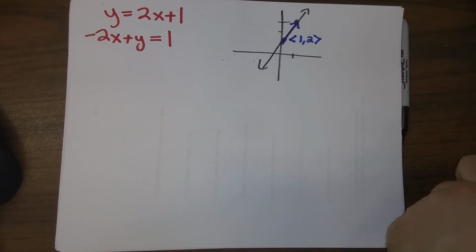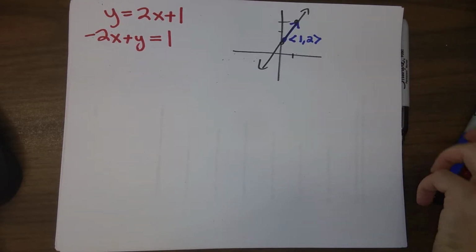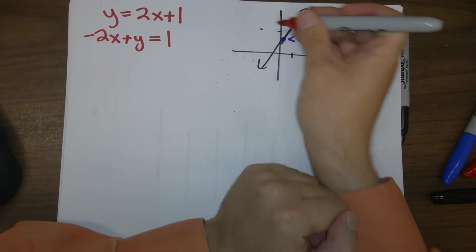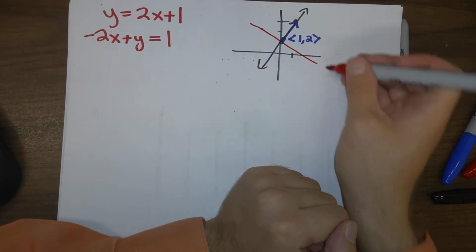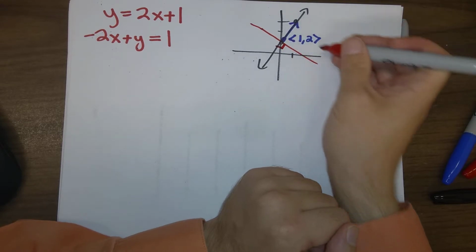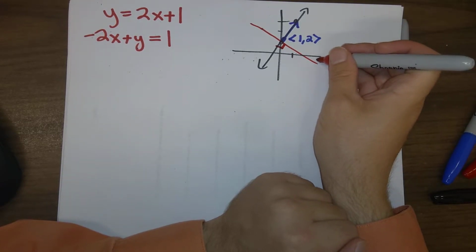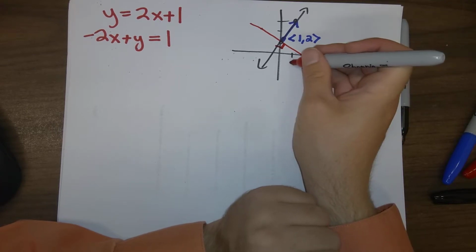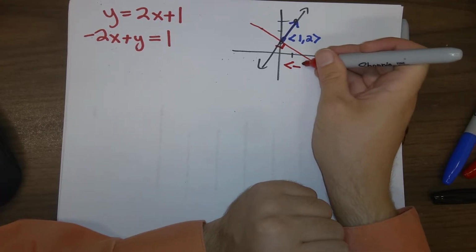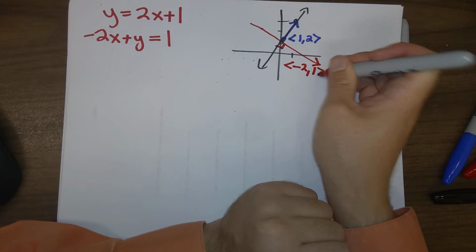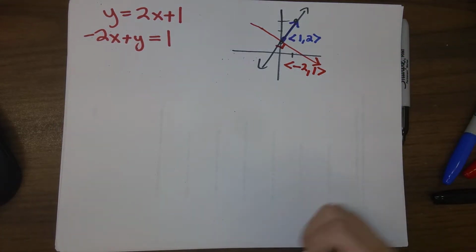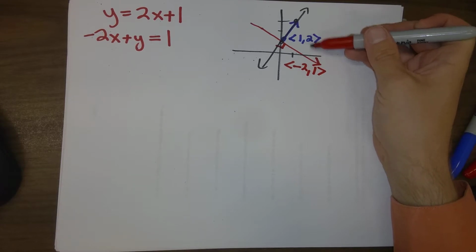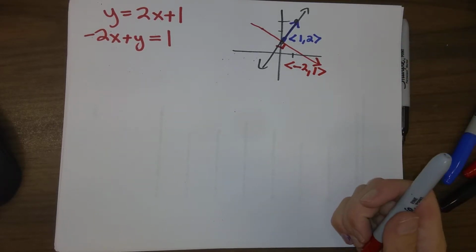So now, we could ask ourselves, what's a vector that is orthogonal, perpendicular, normal to our line? Well, if we wanted this to be normal, we could achieve that by going minus 2, 1. So note the dot product here. 1 times minus 2 plus 2 times 1, that dot product is 0.